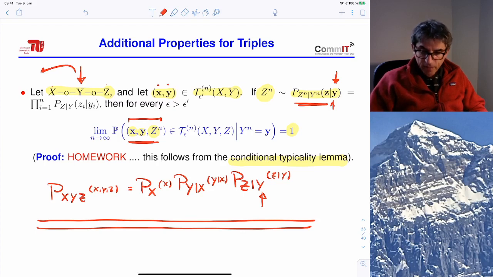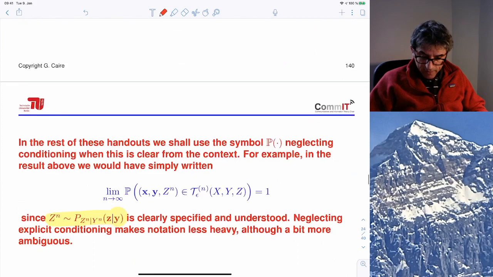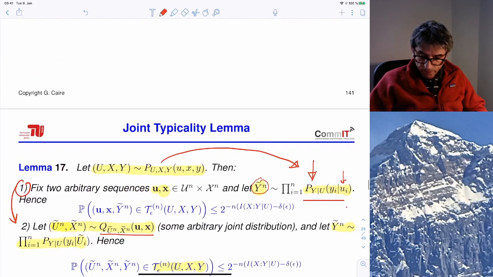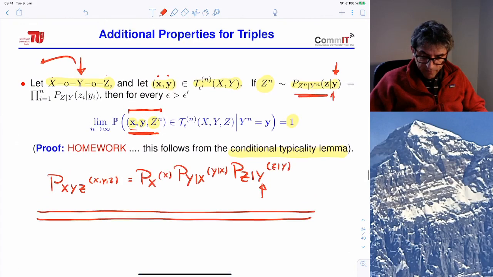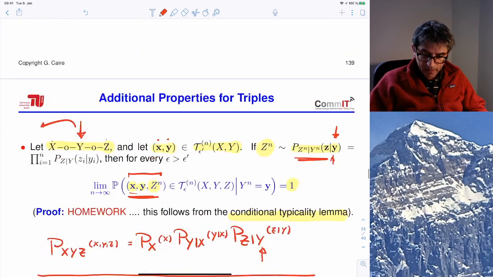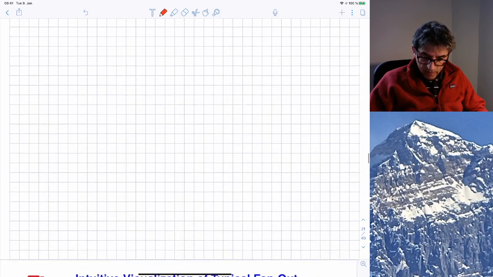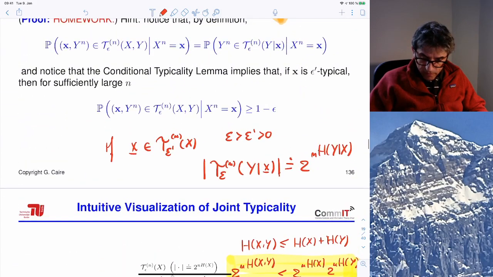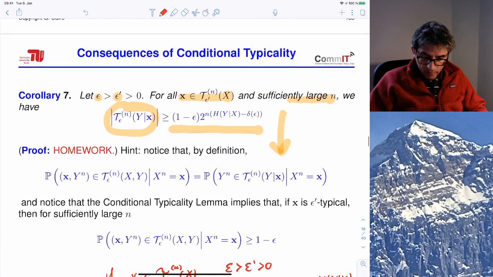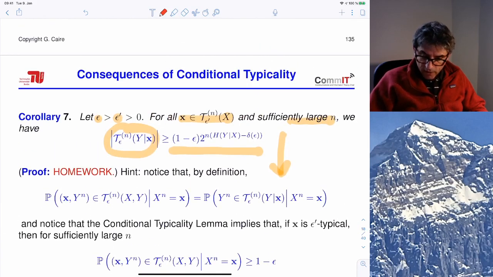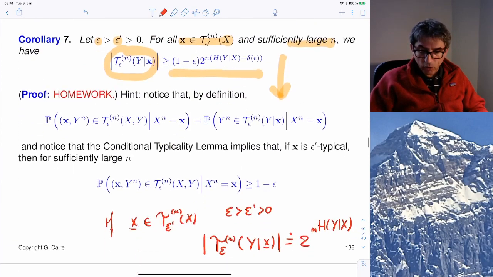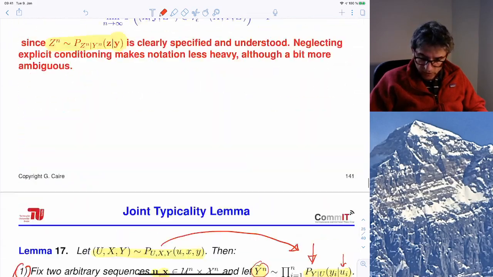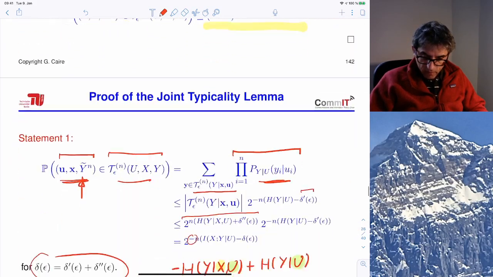We generate a third sequence conditioned just on one, and then the probability that the triple is jointly typical is 1, and this implies the fact that the size of this conditional typical set, as we have seen here, is lower bounded, for sufficiently large n, by 1 minus epsilon times 2 to the conditional entropy. So here, using these properties, where is it?